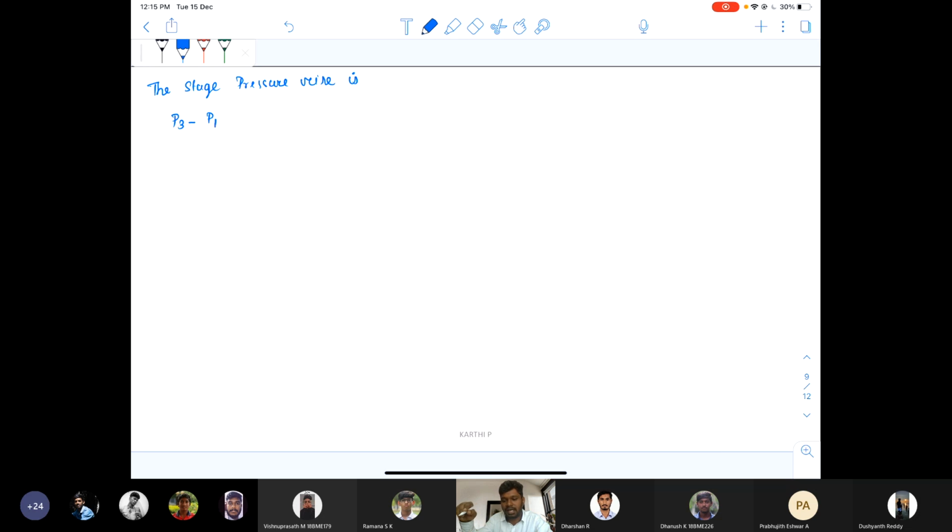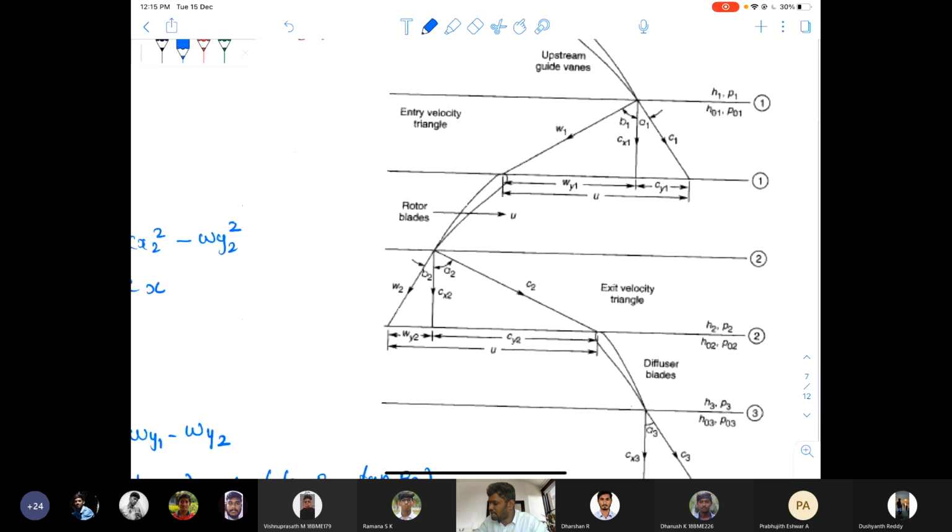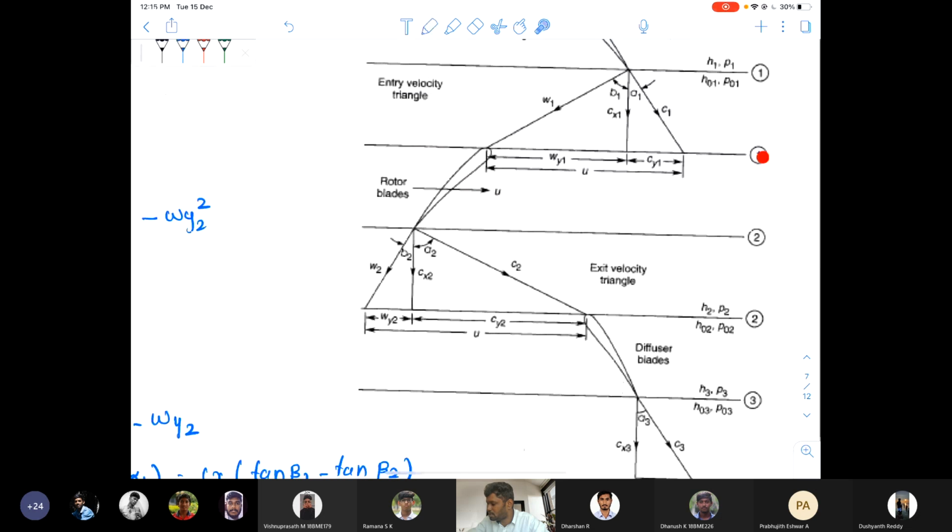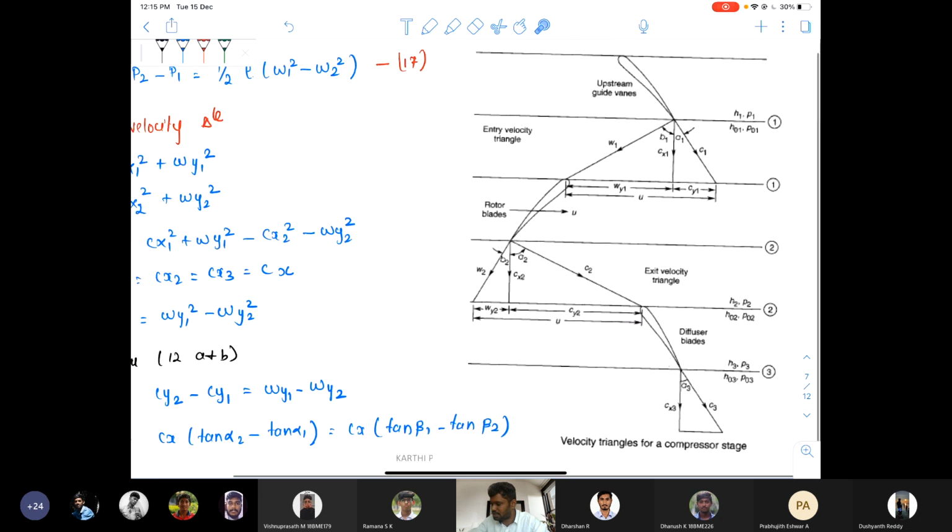Okay, in between there will be a rotor and diffuser. This will give the total static pressure rise. That is, it comprises this rotor blade and the diffuser blade. Therefore, the total static pressure rise will be P3 minus P1.